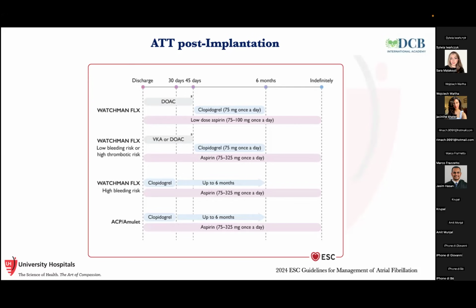recently for stents, there is a sort of change in the scenario for antiplatelets, with more and more patients being treated with clopidogrel, dropping the aspirin. So what about Watchman and Amulet? What about LAO?